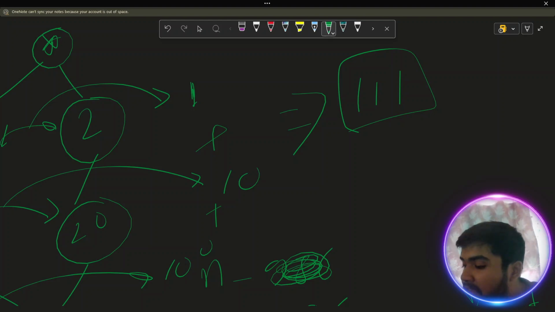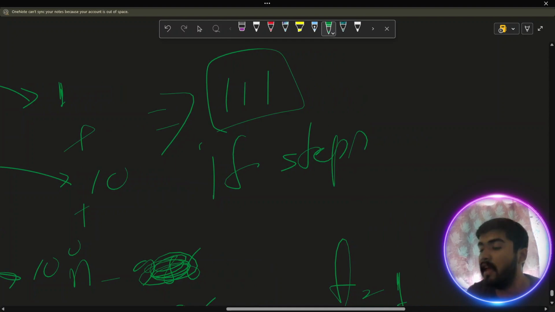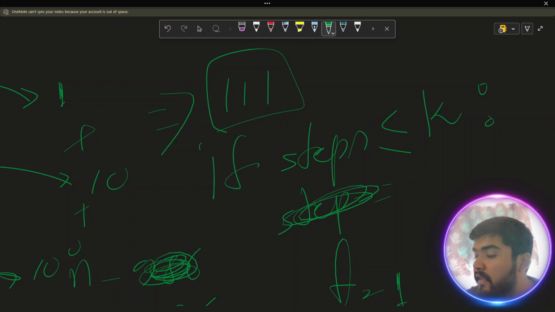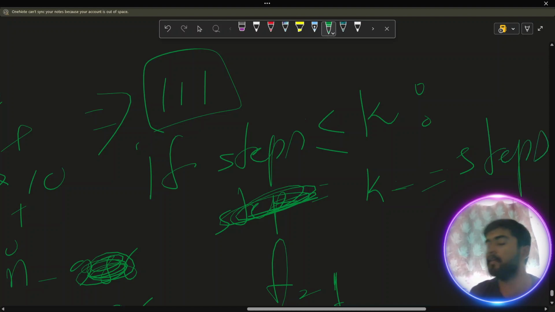That is the skip, and there can be two cases. If my steps, the number of steps we have already gone, is less than or equal to k, then do k minus equals steps. So that many steps we have already covered.